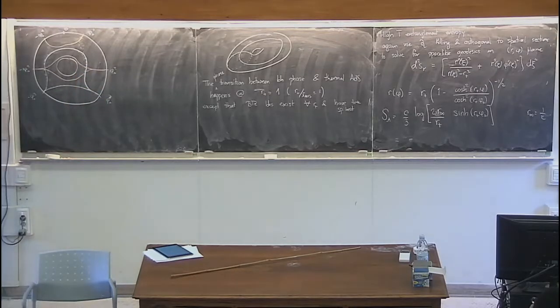Which of these is the right answer for the entanglement entropy of this large region? You have two choices now. Which one should we pick? Anyone? Why?